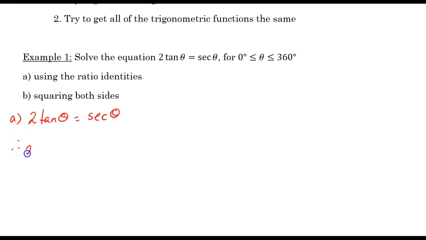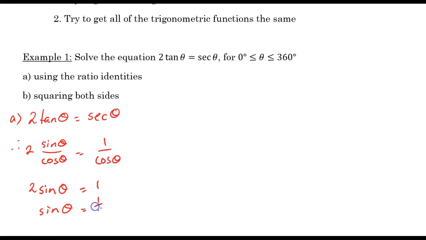then we could say that 2 sine theta over cos theta equals 1 over cos theta. Multiplying both sides by cos theta, I get 2 sine theta equals 1, so sine theta equals 1/2. If I'm after answers between 0 and 360 degrees, then sine is positive in the first and second quadrants.